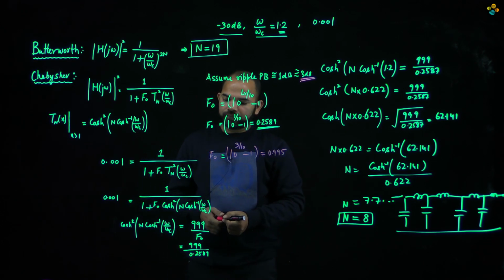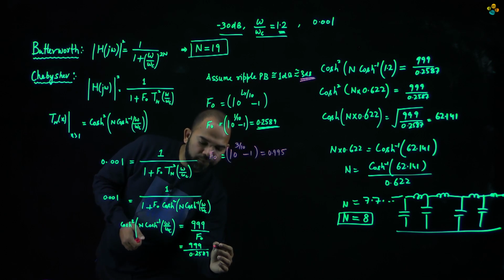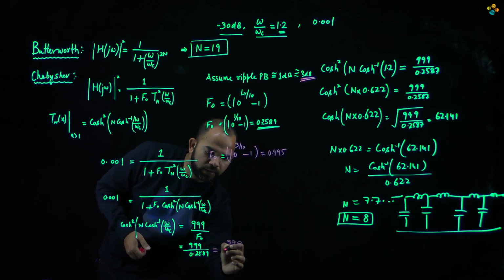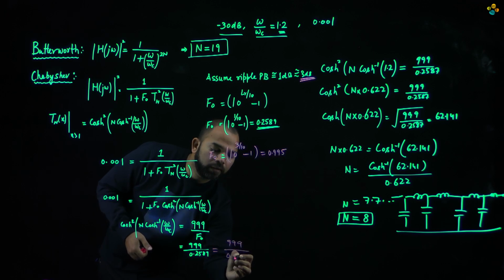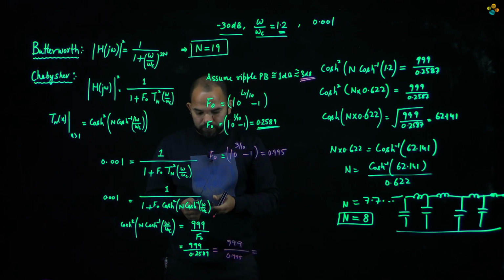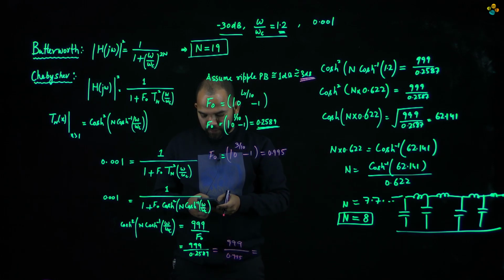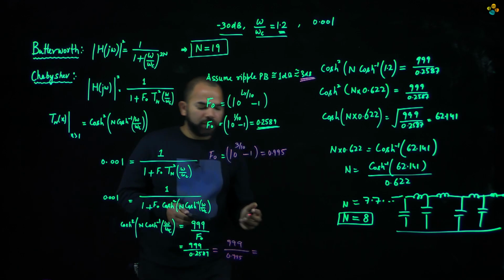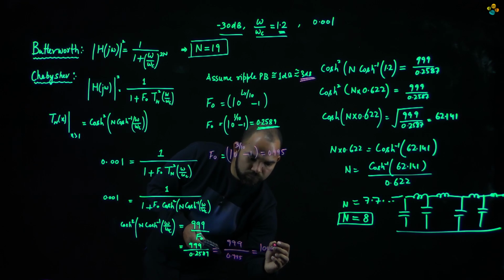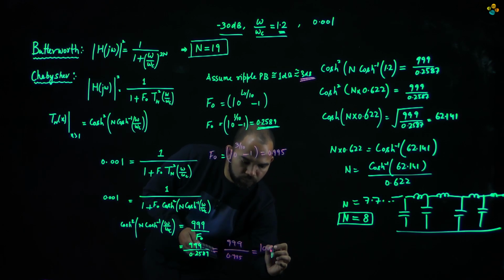So if we solve this, this is going to be 0.999 divided by 0.995. So this comes out to be 1.004.